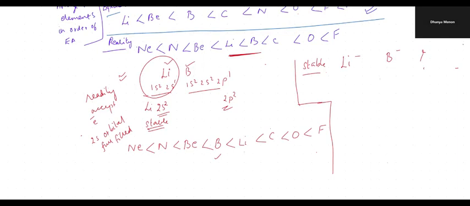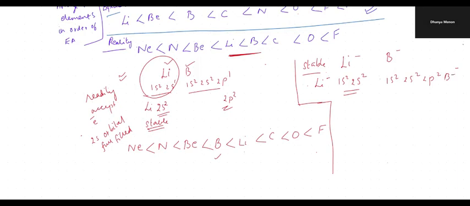Lithium minus ion has one more negative charge, so 1s2, 2s2. In boron minus, it is 1s2, 2s2, 2p2. Please remember, students, I'm writing down the configuration of the ion, not the atom. This is the boron minus ion.